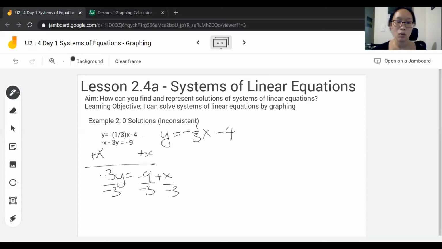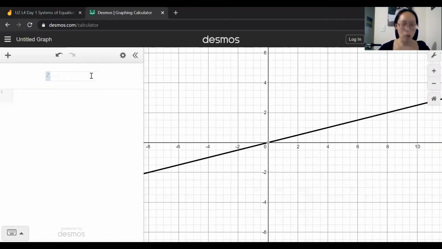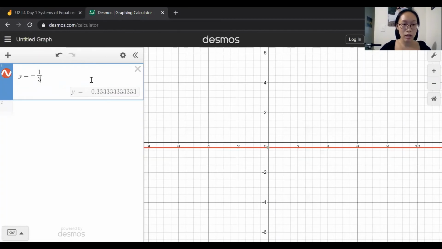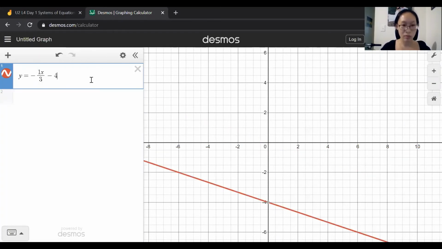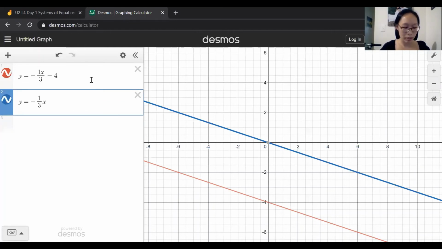And that gives me y is equal to positive 3 plus a negative 1/3 x, or y is equal to negative 1/3 x plus 3. Sorry, point slope form. So if I graph these, I have y is equal to negative 1/3 x minus 4, and y is equal to negative 1/3 x plus 3.